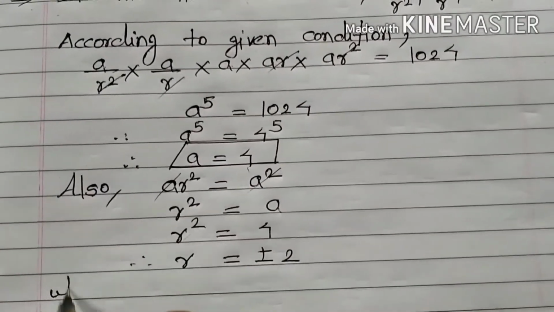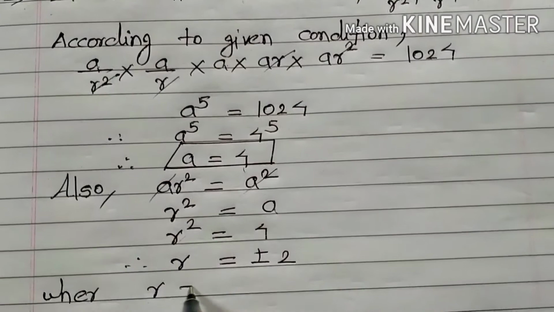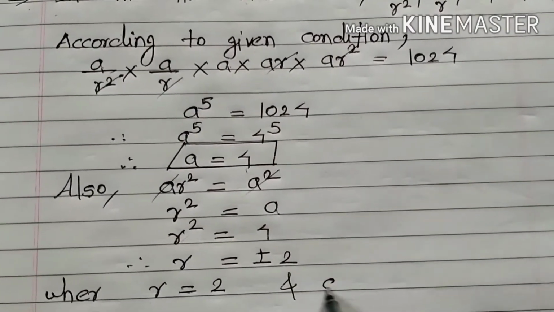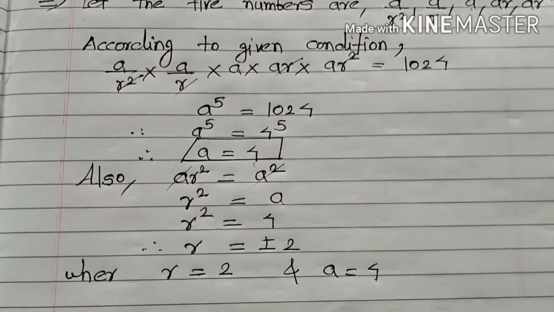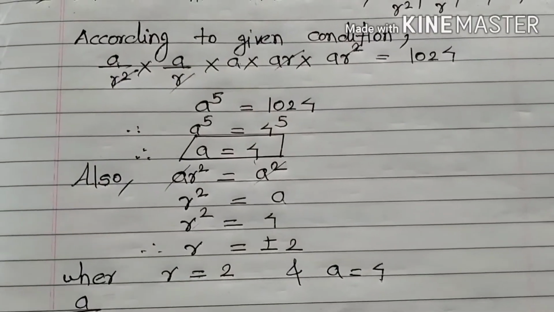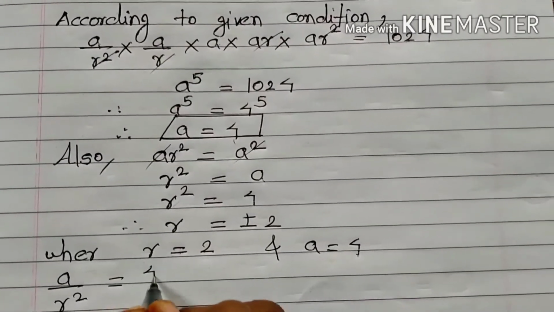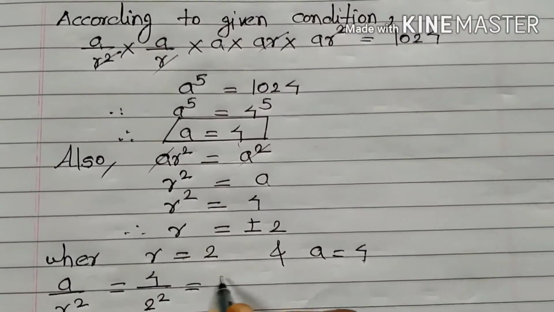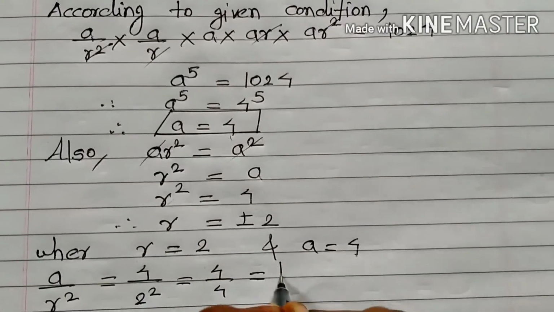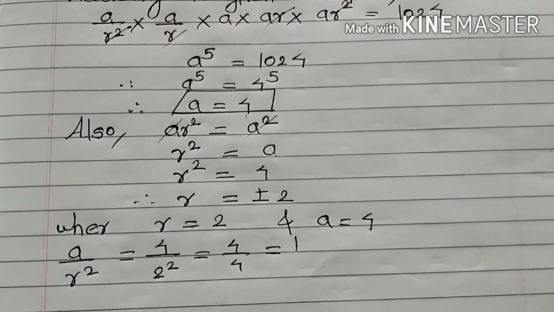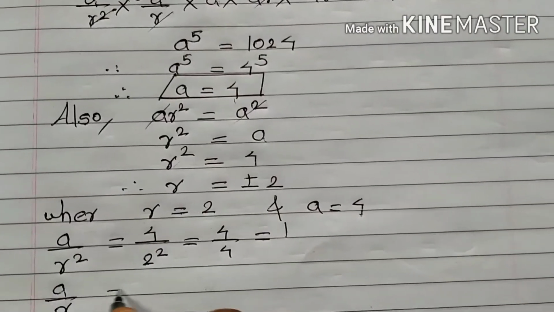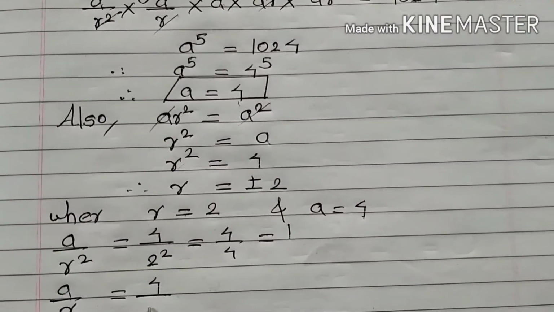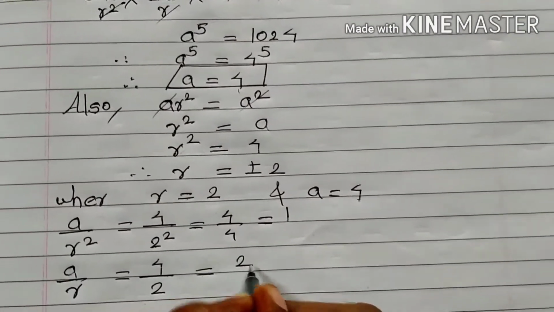So when r is equal to 2 and a is equal to 4, the 5 numbers: a upon r square is equal to 4 upon 2 square, 4 upon 4, 1. A upon r, 4 upon 2, 2.